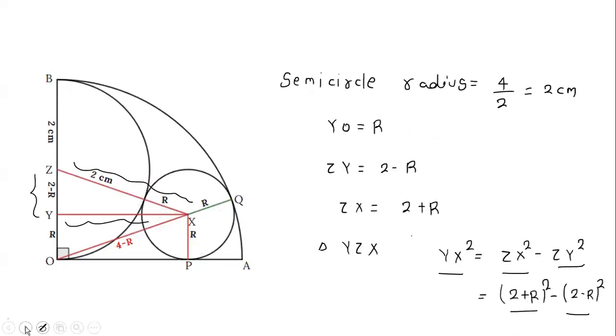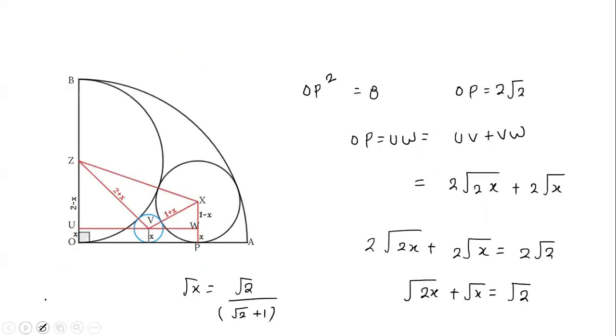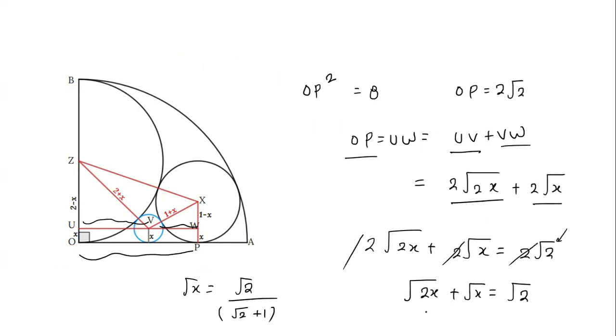So now we know the OP length value, and in this figure you can see that this is OP, which is same as this UV plus VW. So it is same as UV plus VW, which is equal to the OP. UV we calculated as 2 root of 2x, and VW is 2 root of x, and OP we know it is 2 root 2. So this 2 will cancel and it will become root of 2x plus root of x is equal to root 2.